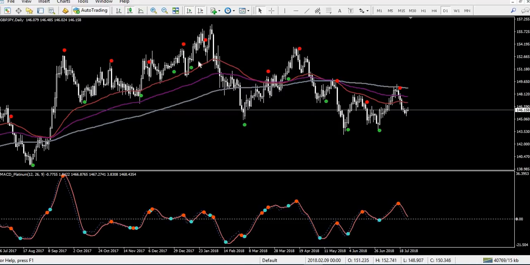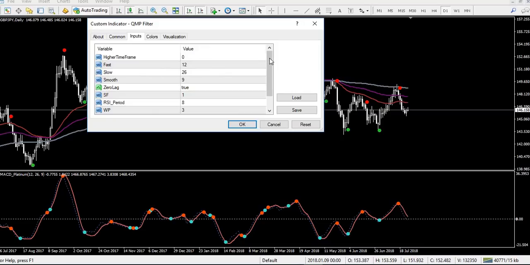Now the other indicator on the chart is a QMP filter. This is a combination of the MACD Platinum and the QQE Advanced. Now when you get any of my books and you download the indicators, a part of all the packages is the QQE Advanced, and I go to great lengths to say it's not required to be displayed on the chart, but you need to upload it to your platform for it to work.